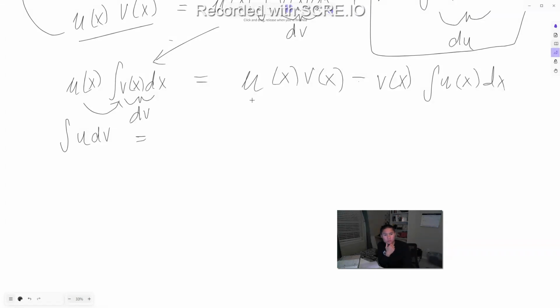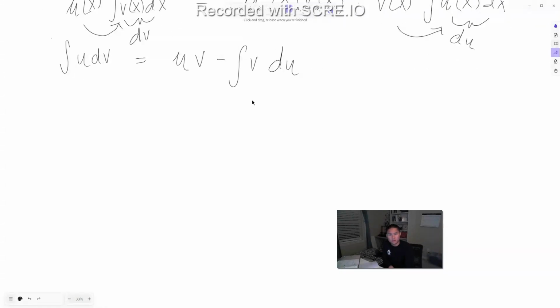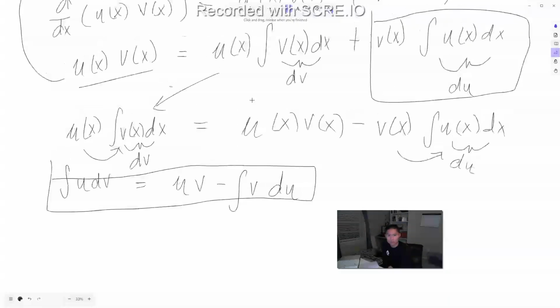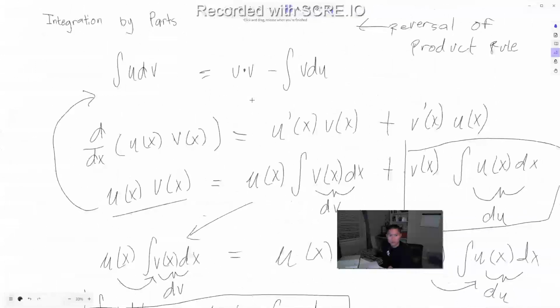And that's equal to u v minus, and we're going to plug that back in, v du. Now we're left with this equation, which is what we talked about right up top.